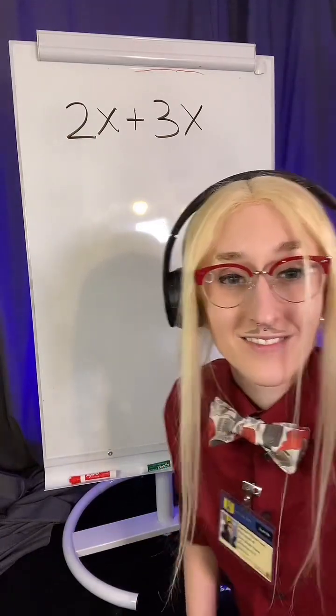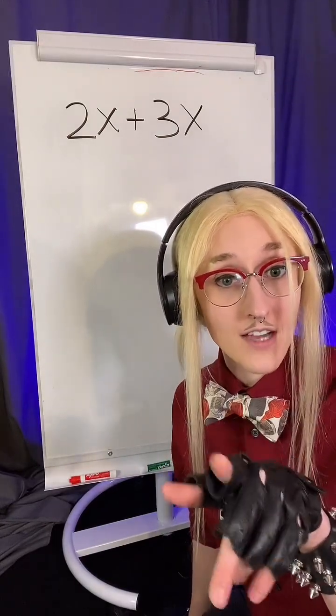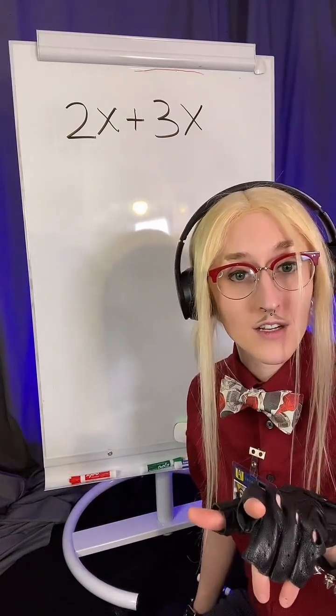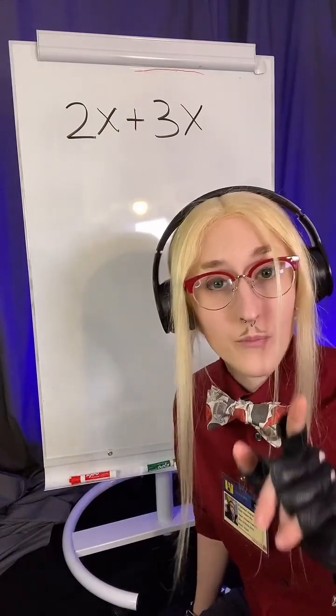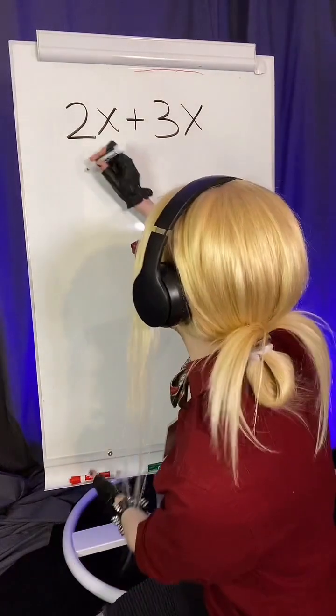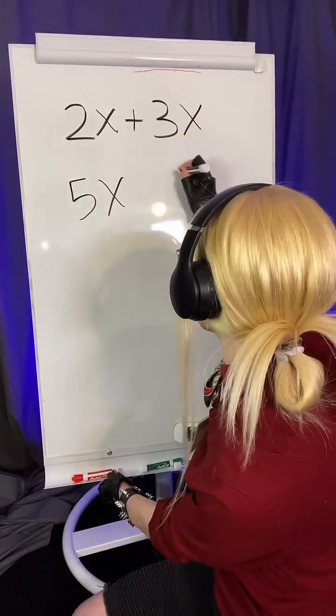Make a guess. Awesome. We've got a guess of 5x and 5x squared. I like that. That is wrong, but that is currently my favorite wrong answer. So I'm seeing a lot of 5x's, and I saw 5x squared.